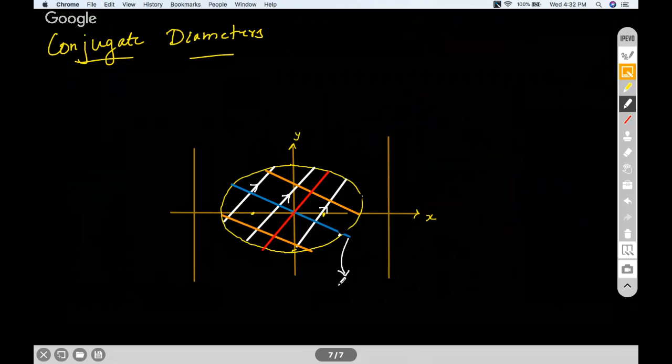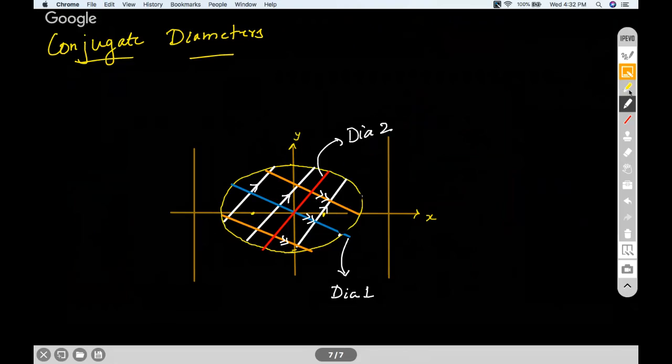So let's say diameter 1. And all these yellow lines, including the diameter itself, are bisected by this diameter, which is called diameter 2.